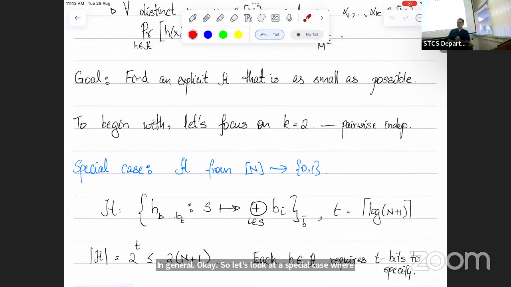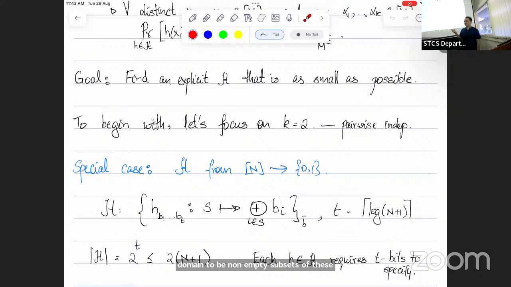Okay, so let's look at a special case, the hash family that we described last time, where each function in the family is specified by something like t bits, and t is about log n. And we identified the set of n elements, which was the input domain, to be non-empty subsets of these t variables.